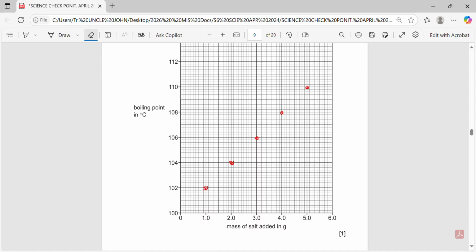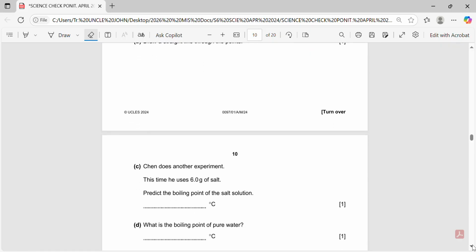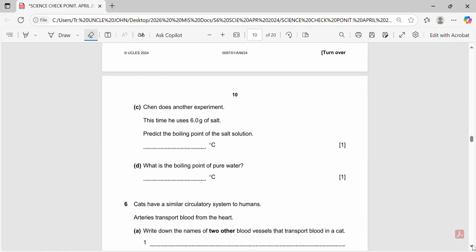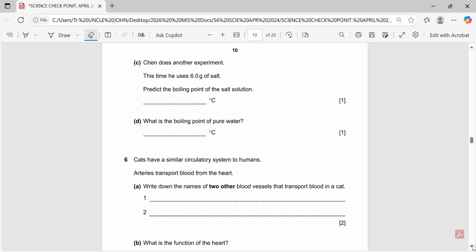We come back. Okay. We go to C. We can read it together first. Chen does another experiment. This time he uses 6 of salt. Predict the boiling point of the salt solution.